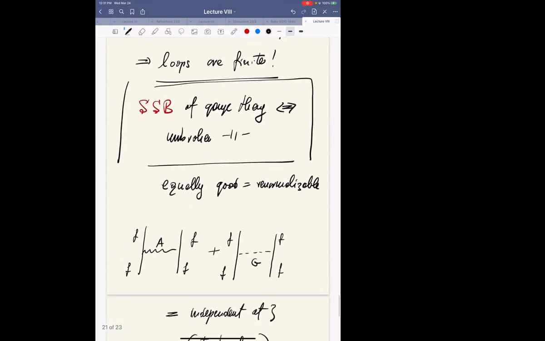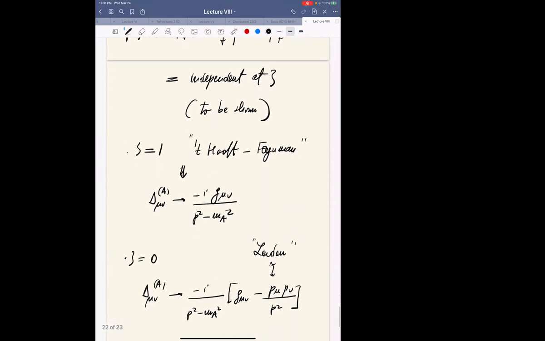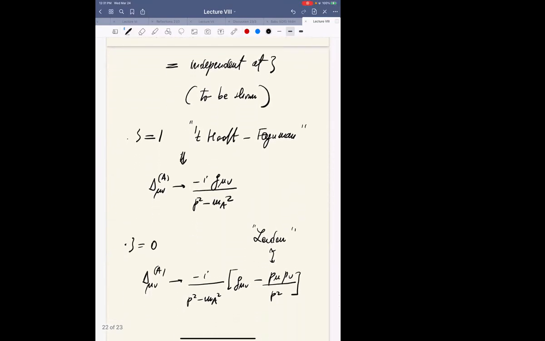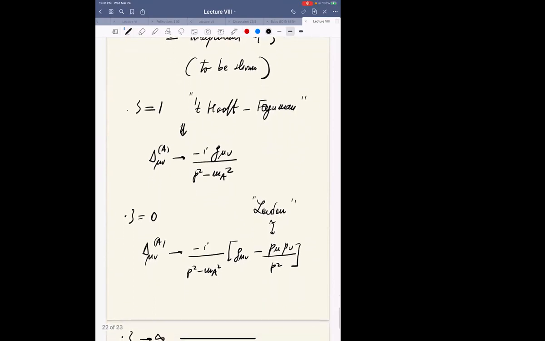I should have said that with psi equal 1, there was also, why don't I keep it, D of G, which goes into i over P squared minus MA squared.